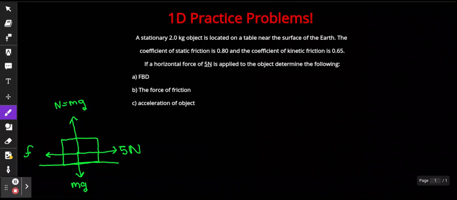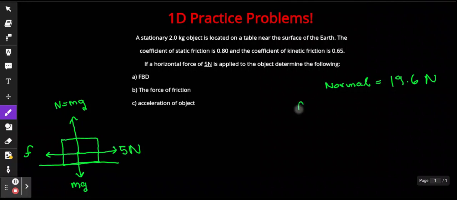So let's first calculate our normal force so that we can calculate what our friction is. Our normal force is 2 kilograms times gravity, which is 9.8, and that gives us 19.6 newtons. Okay, so let's start off by calculating the maximum force we can apply before the object moves, and that is static friction.